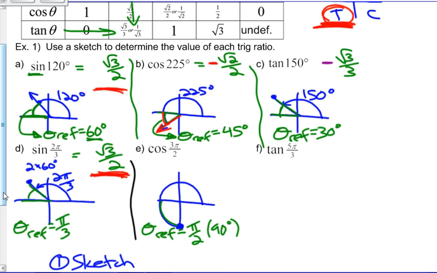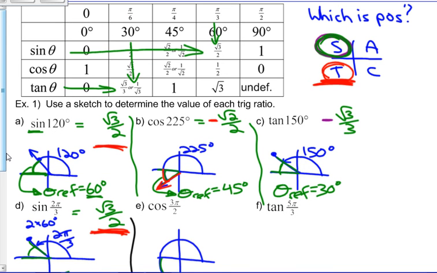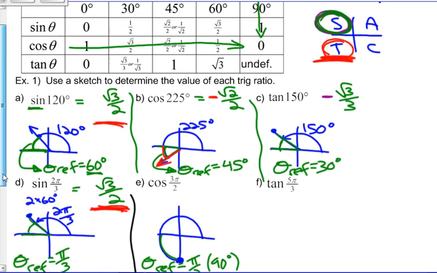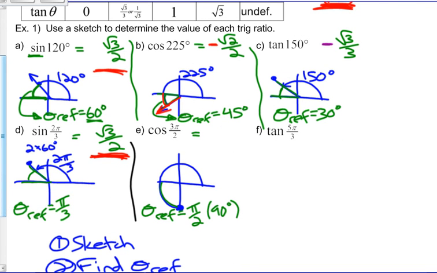Okay, and I'm talking about cosine, so let's figure out what's going on. Cosine of 90 degrees, or pi over 2, gives us 0. And since it's 0, we don't need to worry about positive or negative. It's just 0. So I don't need to go to ASTC if it's going to be 0. I know that it's positive 0 or negative 0, no difference.